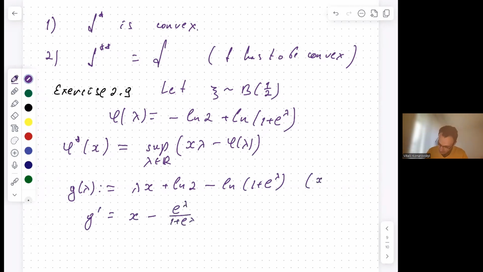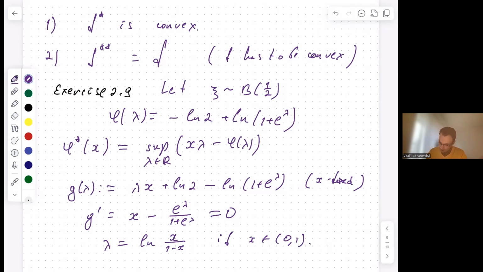Note here x is fixed. Consider that as a function of lambda, and you just need to set it equal to 0. If x is between 0 and 1, you can easily solve this equation and get that lambda is equal to logarithm of x over 1 minus x.